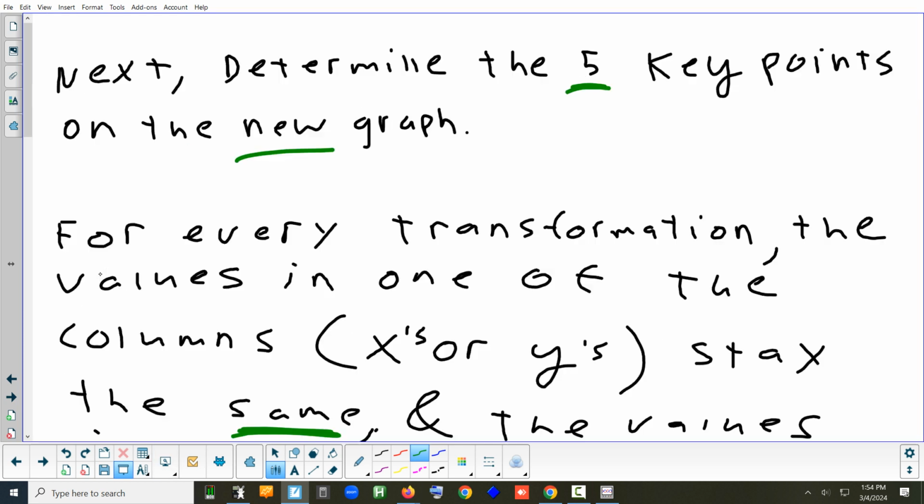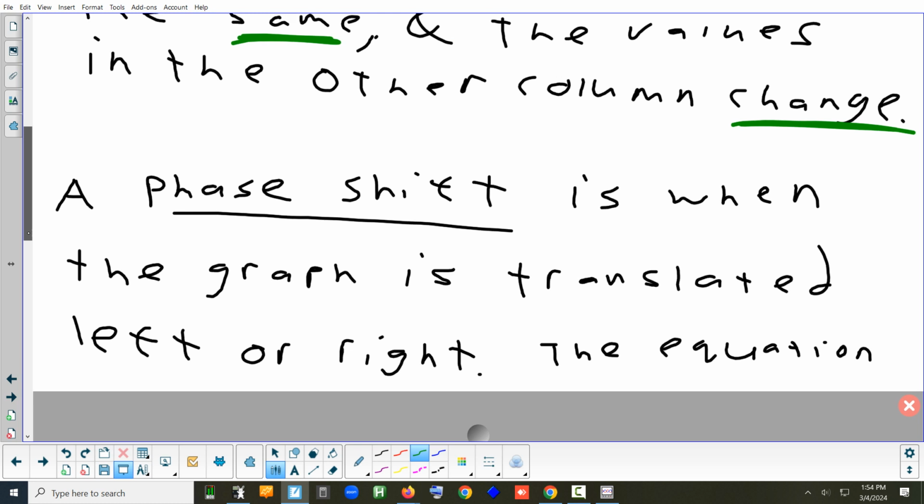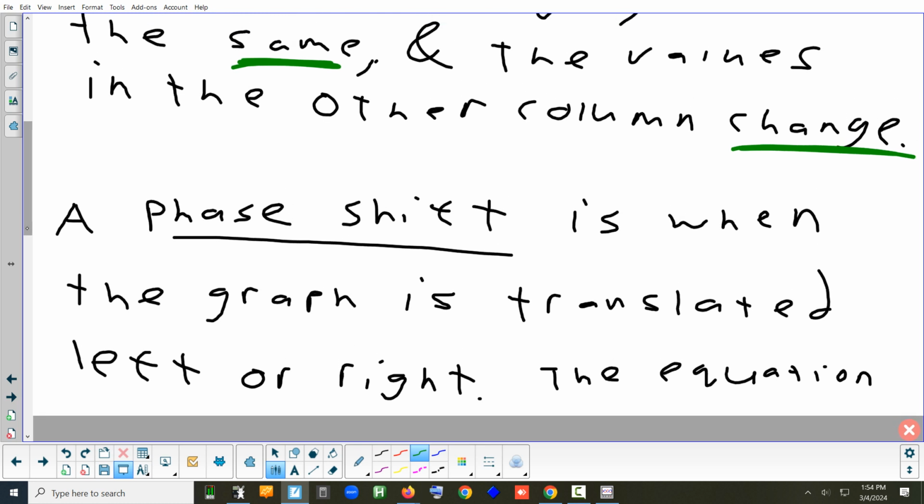Okay, let's start looking at a phase shift. So phase shift is when your graph is shifted left or right. Whenever we do a shift, what kind of operation is it? Is it adding or subtracting, or is it multiplying?